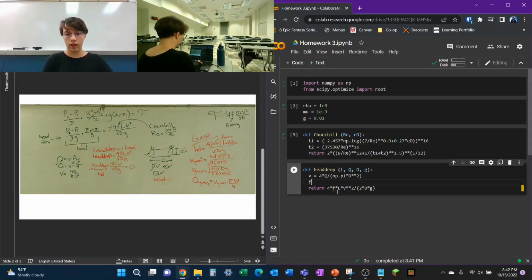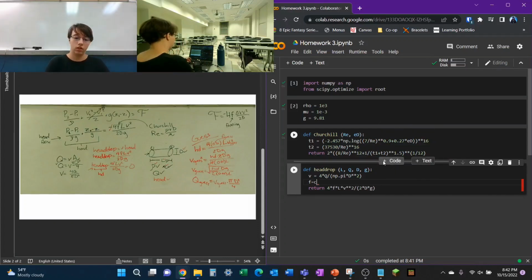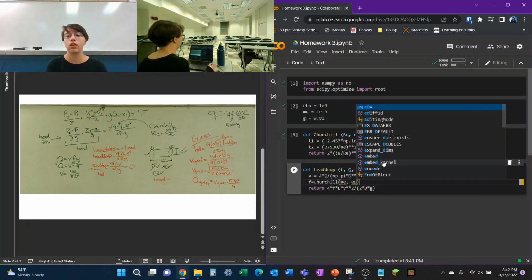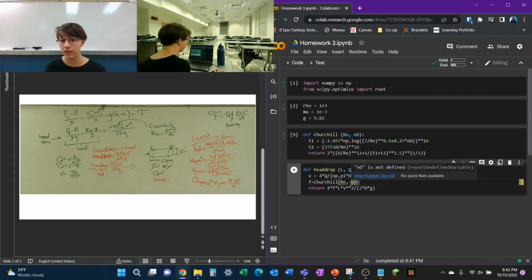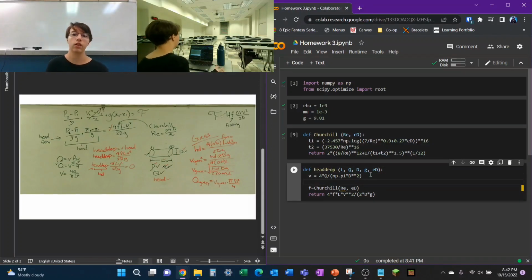So then we need to define f. So f is going to be equal to, and we're going to use the Churchill equation to do that, so Churchill of RE and ED. All right, neither of those we've defined yet. ED can be something that we just take into this function. And then the Reynolds number, we can calculate it above.